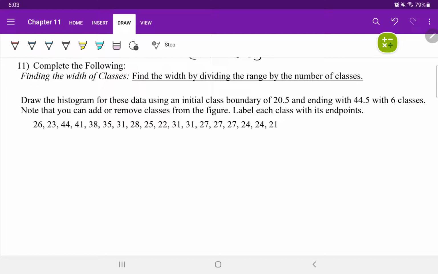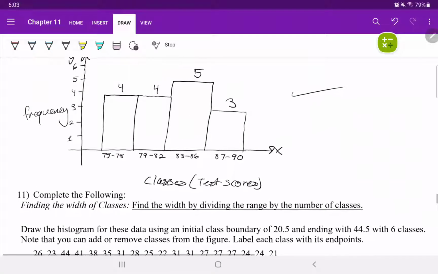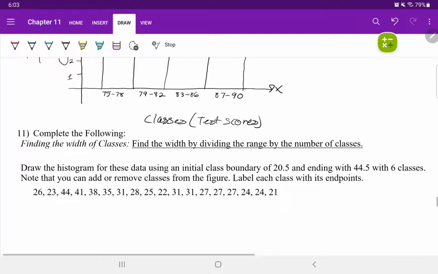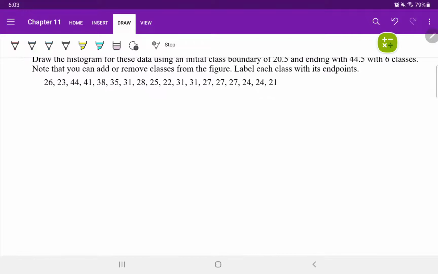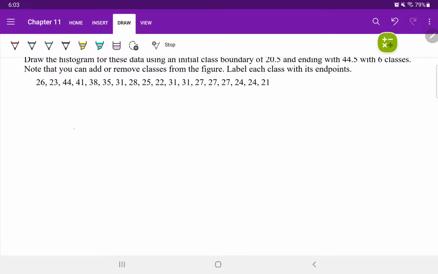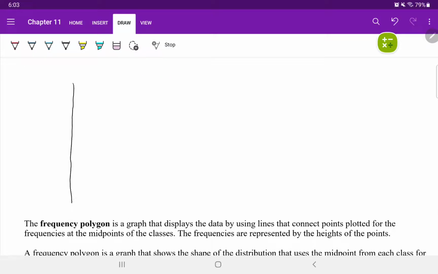So once again, to create a histogram, we must create some sort of bar graph. The initial boundary when I draw my histogram is 20.5. It ends with 44.5, and there are 6 classes. So let me start constructing my histogram down below. Remember, the y-axis for the histogram is the frequencies.